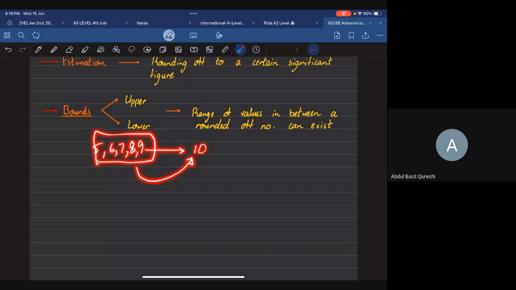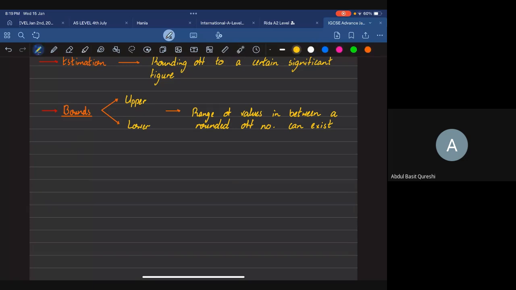So my number can be any one of them if 10 was the answer of a rounding off. Similar is the case with the lower bound. Whatever numbers can revert back to their original number are known as your lower bounds. Okay. Now, we are going to suppose a number x.